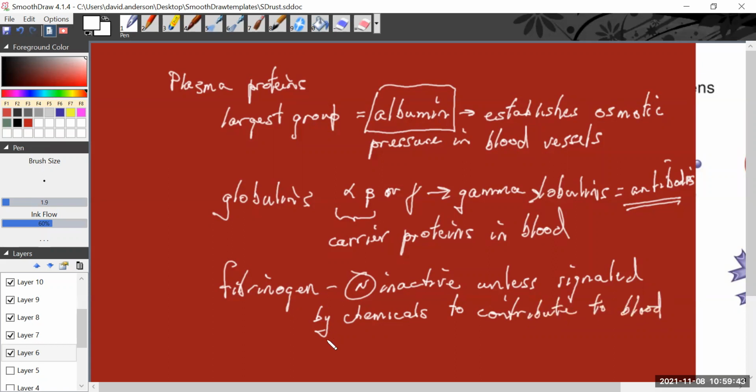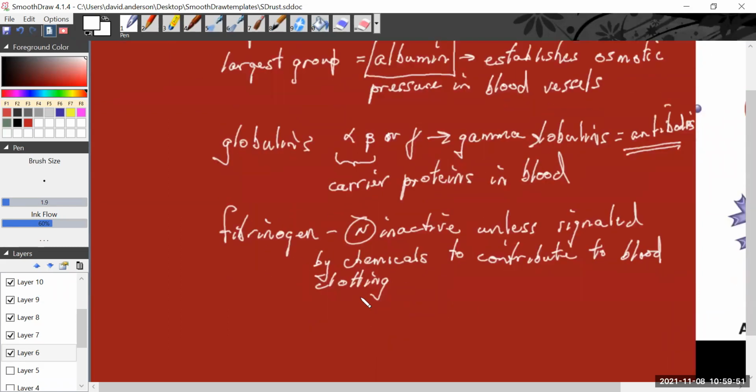And we're going to talk later today about what that contribution is. But in between times, if there's no need for blood clotting, this fibrinogen is just part of the plasma protein group.